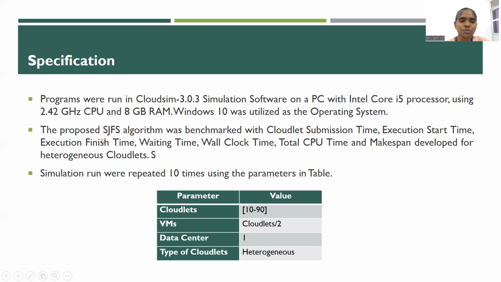And here I have used the shortest job first scheduling algorithm to test the result. And here the simulation run was repeated 10 times using the parameters. That is cloudlets, I have taken 10 to 90, and virtual machines as per the number of cloudlets I have created. And I have used one data center, and I have used heterogeneous cloudlets.